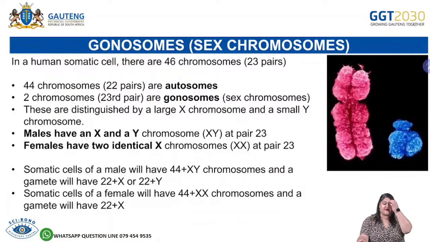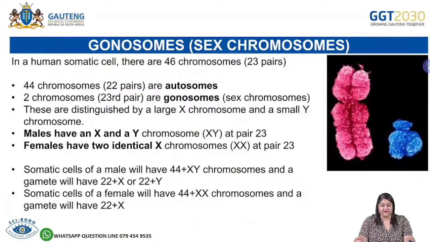Now I want to remind you again about our human somatic cells and our gametes. If we remember, the nucleus of a somatic cell has chromosomes. Do you remember how many chromosomes there are in a somatic cell's nucleus? There are 46 chromosomes, which are essentially 23 pairs.